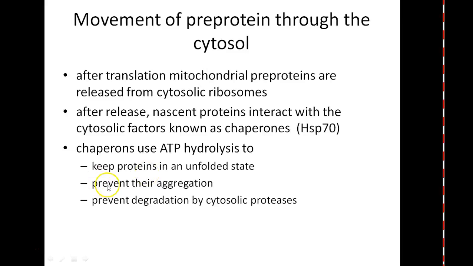They also prevent aggregation of those proteins, and they also prevent degradation of the mitochondrial targeted protein by the cytosolic proteases. So I want you to remember the key role of cytoplasmic chaperones. They bind those proteins and protect them and prevent aggregation and degradation in the cytoplasm.